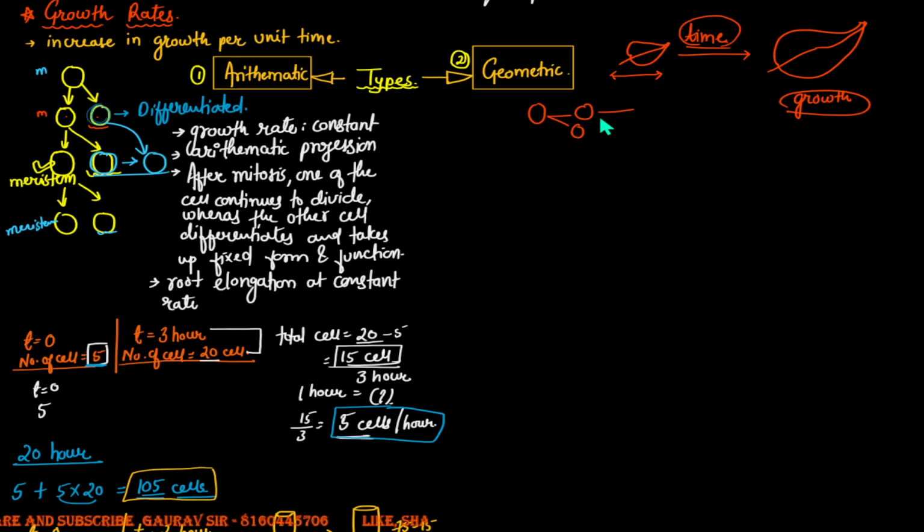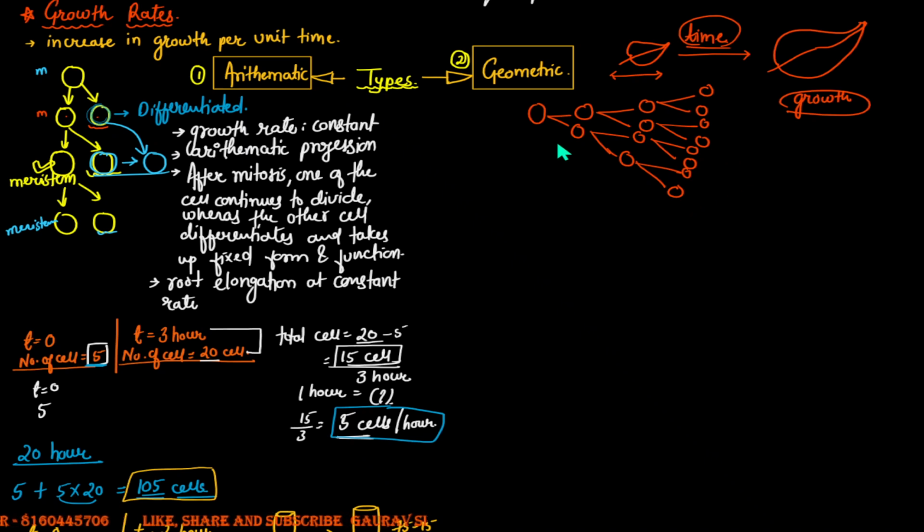These two daughter cells will divide again and in turn form two daughter cells each. So you have got four cells now. These four cells will divide again and add two daughter cells each, making the total number of cells 8. These 8 cells will divide again and form 16 cells.